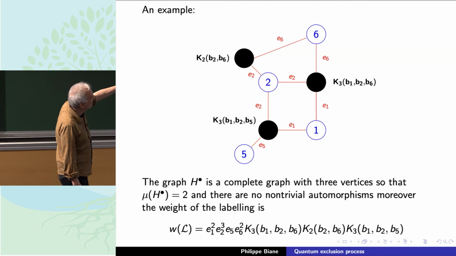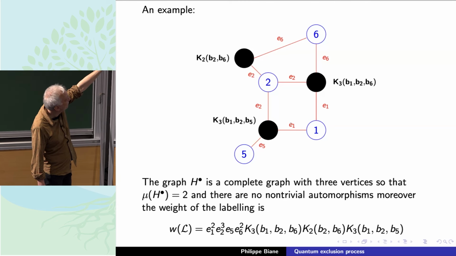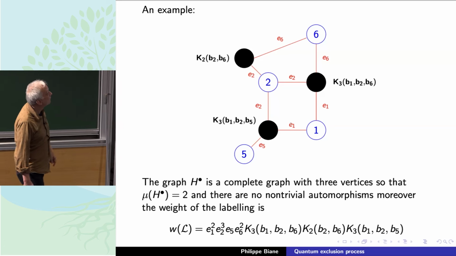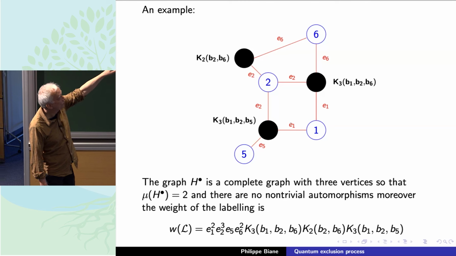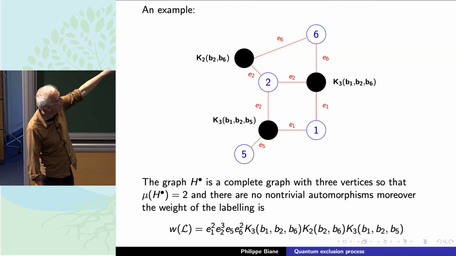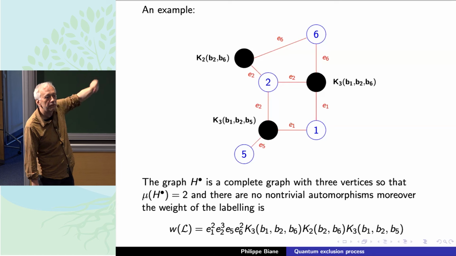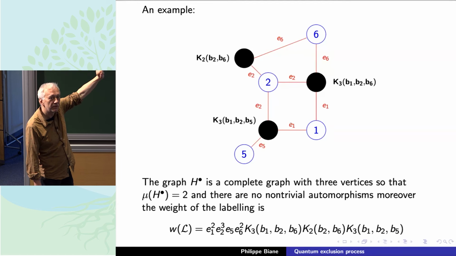And what you do is you label all the black vertices by some cumulants, corresponding to the different labelings of the edges. Each edge is labeled by the label of its white vertex.